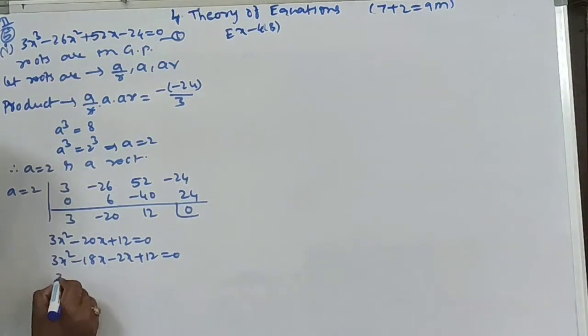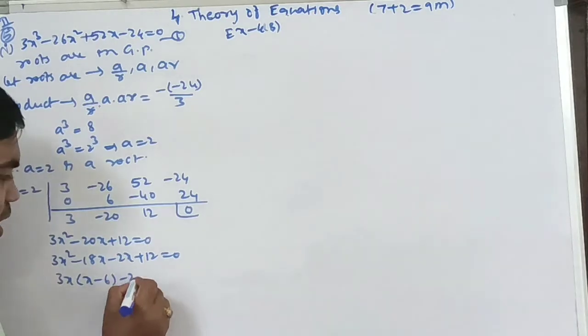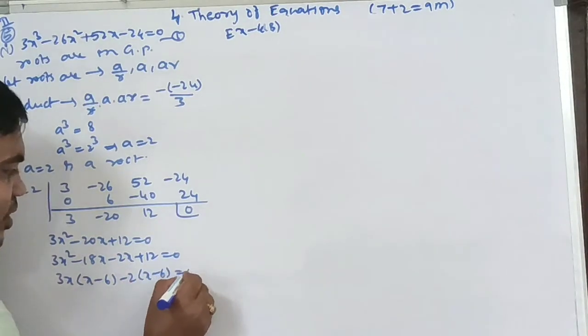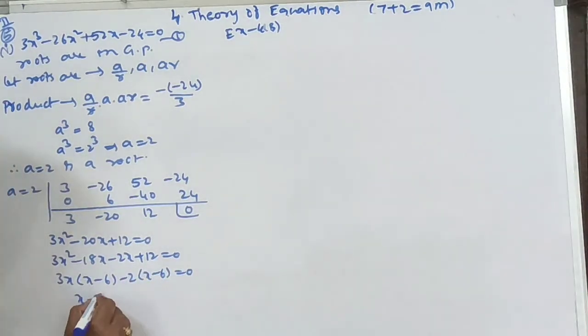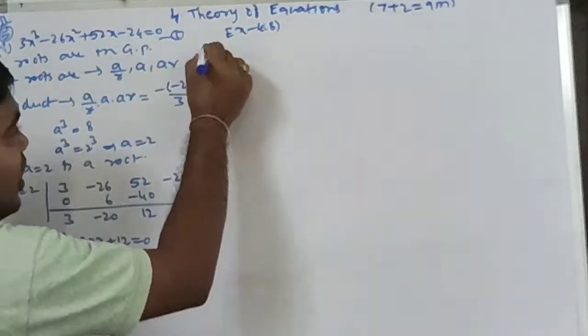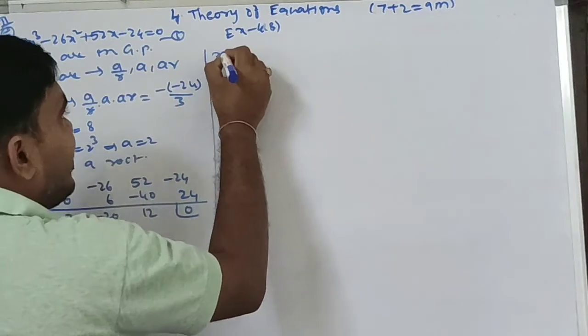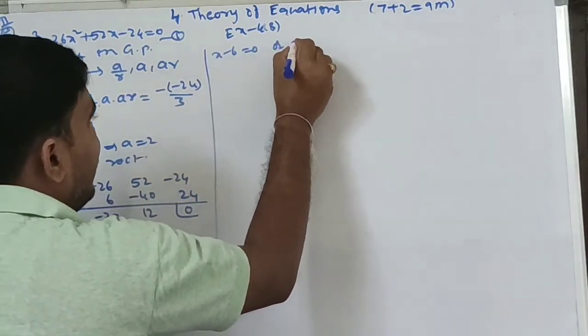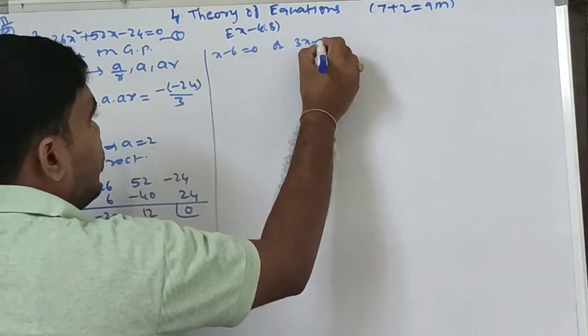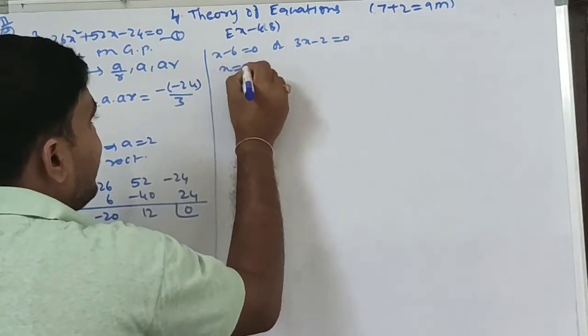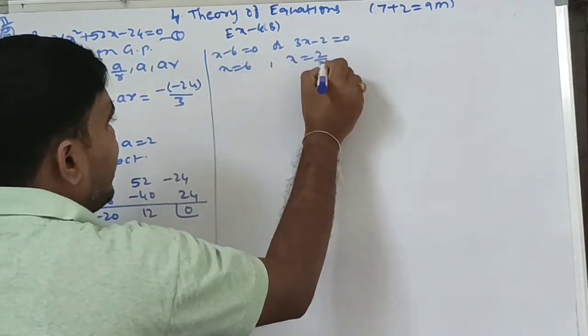Now 3x(x − 6) − 2(x − 6) = 0. (x − 6)(3x − 2) = 0. So either x − 6 = 0 or 3x − 2 = 0. So x = 6, x = 2/3.